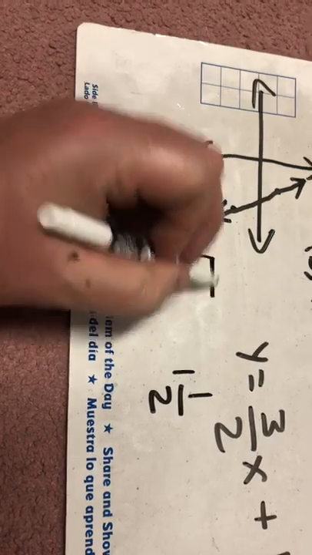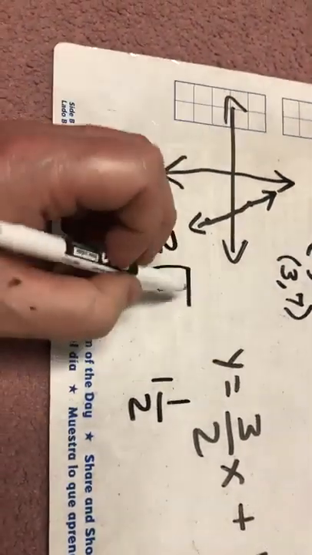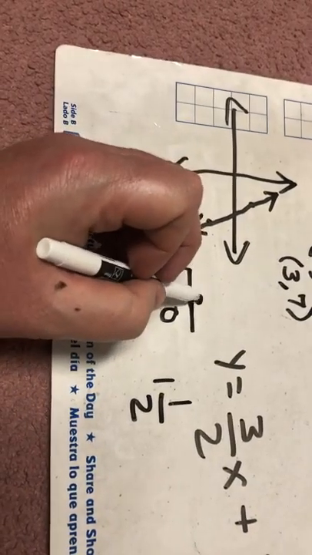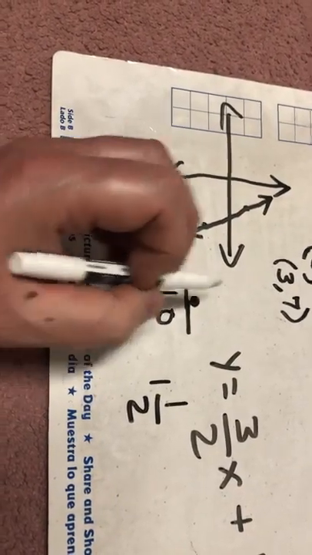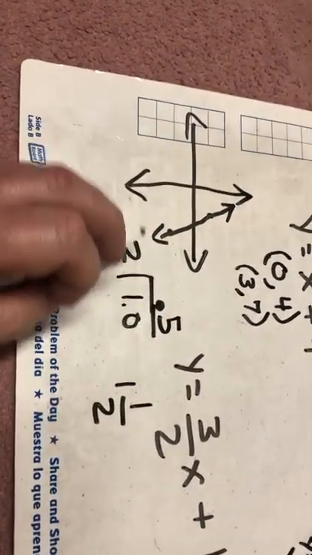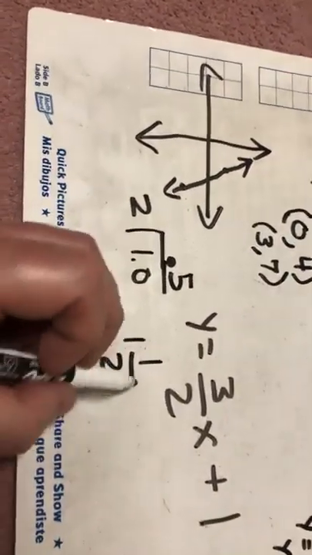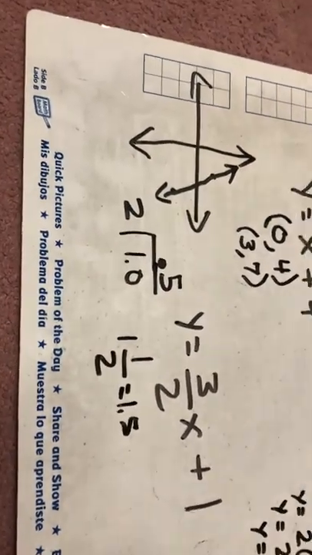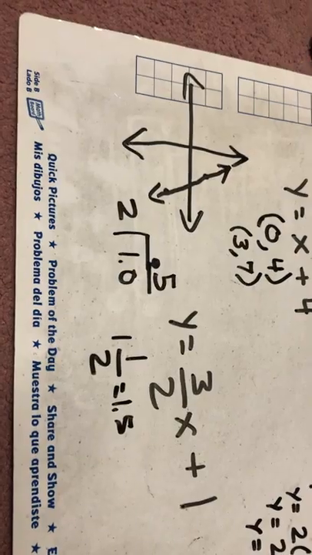That would be 1 divided by 2. I can't take 2 into 1, so it's going to be 2 into 1.0. Put my decimal straight up. 2 can go into 10 5 times, and 5 times 2 is 10. There's none left over. So 3 over 2 would equal 1.5. You might find that a little easier to work with.